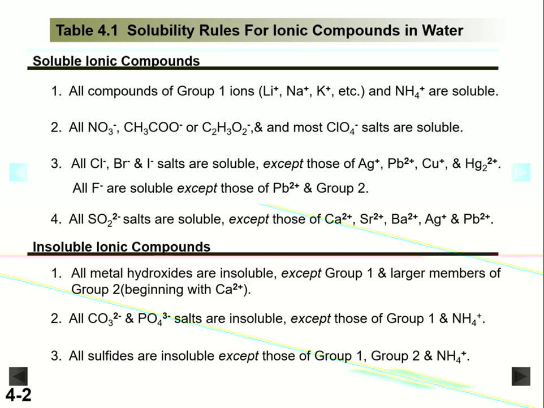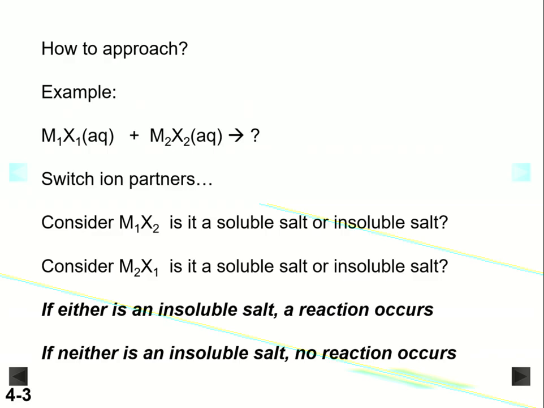So let's look at some reactions. How do we approach making a prediction on a chemical reaction? Let's take an example. This is just a prototype example. We have first ionic compound M1X1. The parentheses aq indicates it's soluble in water.